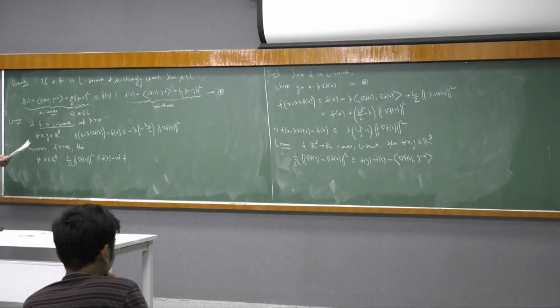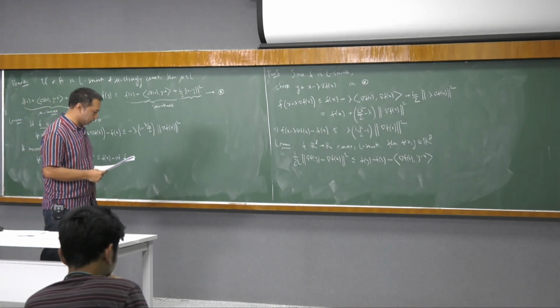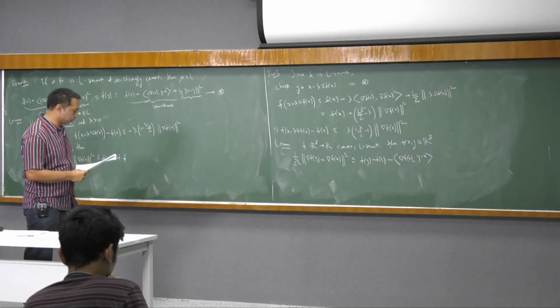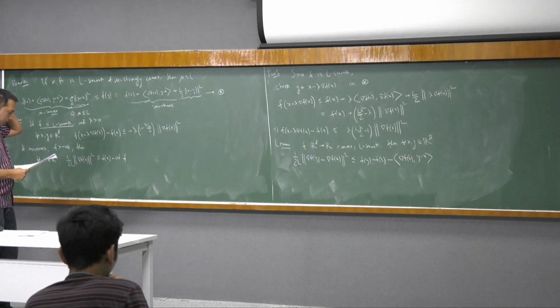So if f is convex and L smooth, then it satisfies this inequality. And I remember doing this in the sense that we got a bound on the z, and then we took a derivative with z and so on. So I remember solving this.